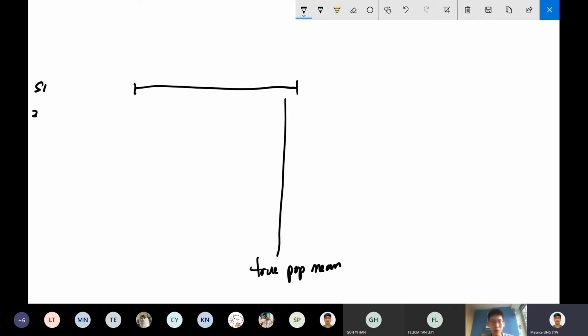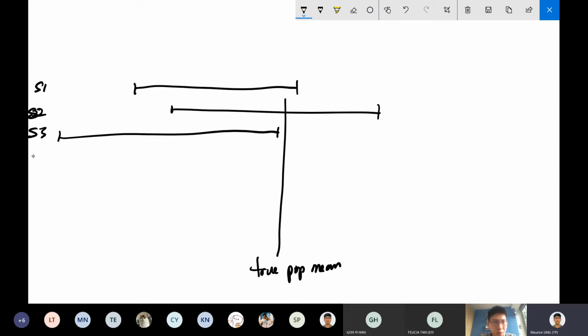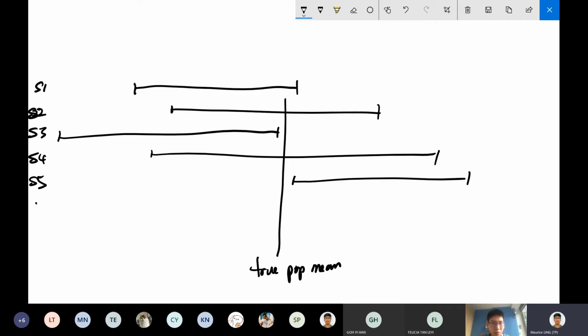Sample 2, you construct a confidence interval, it comes to this range. Sample 3, maybe this range. Sample 4, this range. Sample 5, maybe this range. Sample 6, here, and so on and so forth.